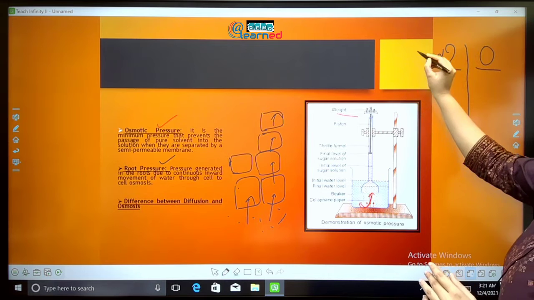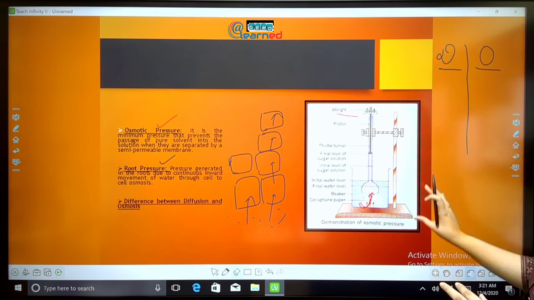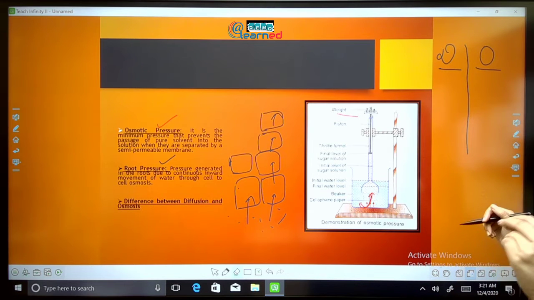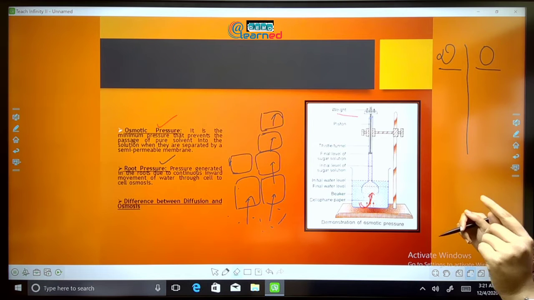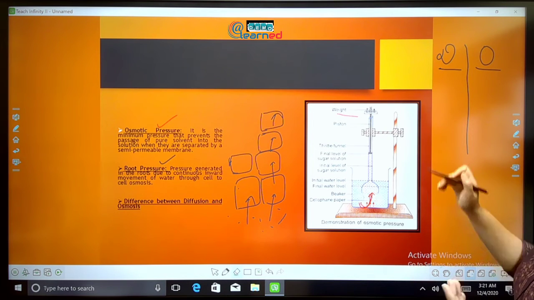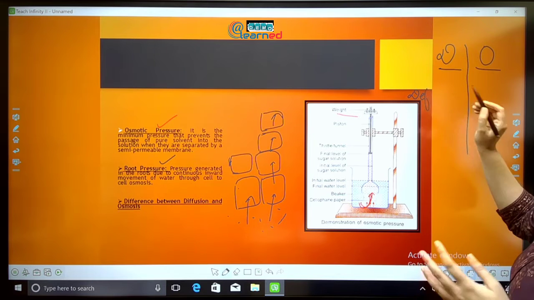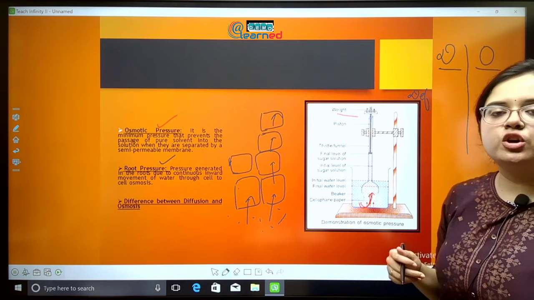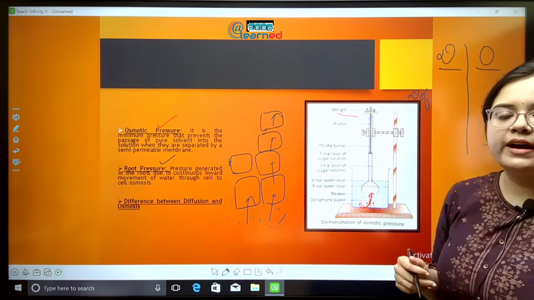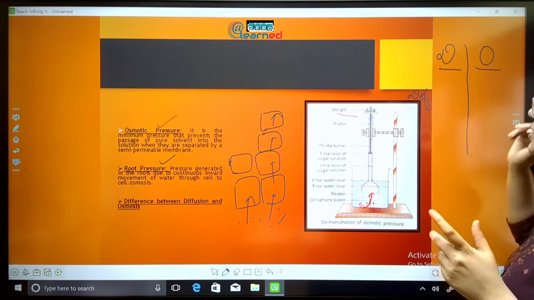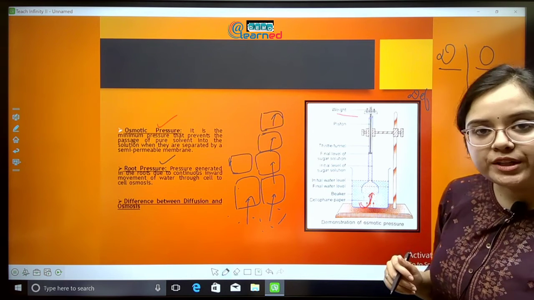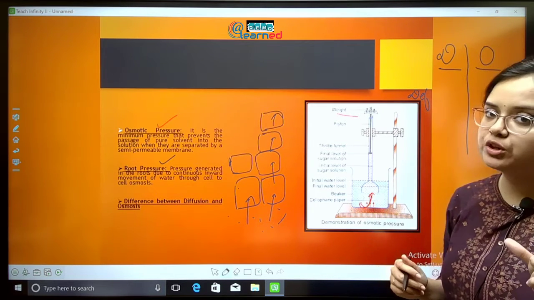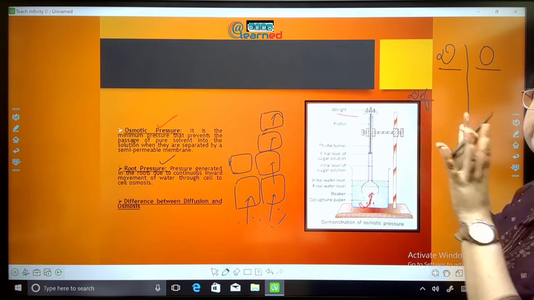Write the parameters on the left side, the parameter you are judging by. The first parameter is definition. Diffusion is the movement of solute, solvent or solid, liquid, gaseous molecules from a region of high to low concentration. Osmosis is the movement of liquid solvent molecules from a region of high to low concentration across a semi-permeable membrane. Very important definition. So this you give for definition.